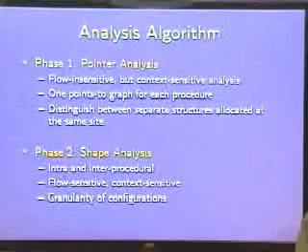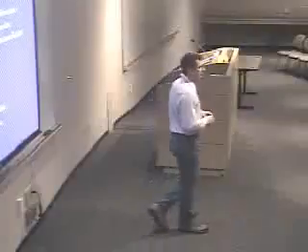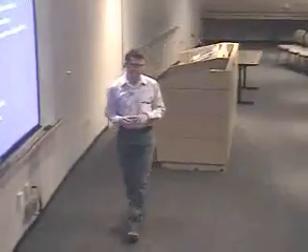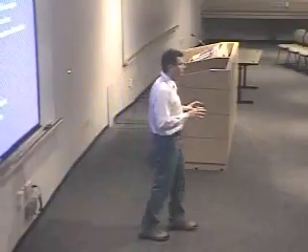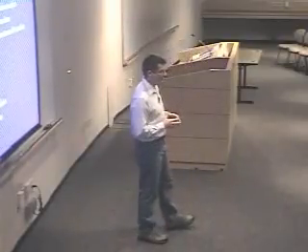Okay, so what is the general algorithm? We have 2 phases, a points-to analysis phase and a shape analysis that builds on top of that, as I said before. In the current implementation, we use a flow-insensitive but context-sensitive analysis. We use context sensitivity because we really want to distinguish between unrelated structures that are allocated at the same site.